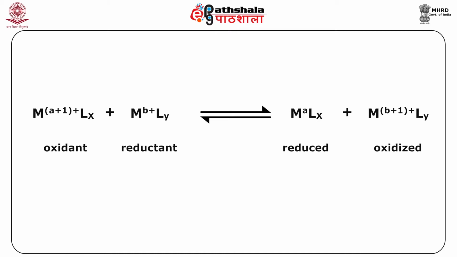M(N)Lx, meaning the charge is reduced, and in the other complex it is M(B+1) with Y ligands, meaning the charge is increased. So it is evident that electron transfer has taken place from the reductant to the oxidant.